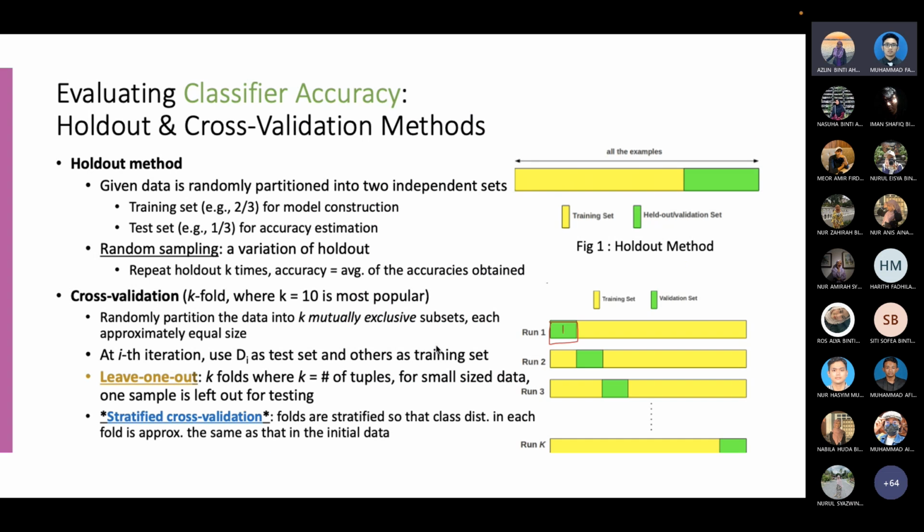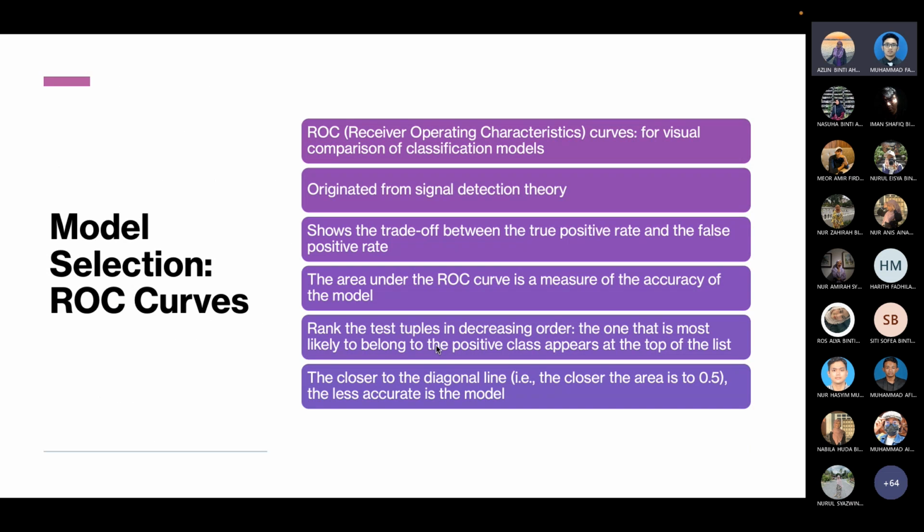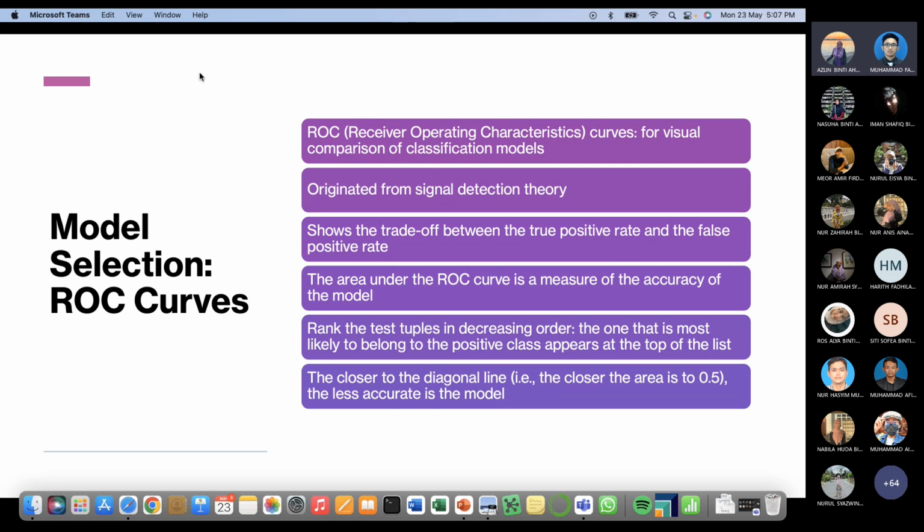The other topic is the ROC curve. ROC stands for Receiver Operating Characteristics. It is a visual representation where you can compare using a graph. This ROC curve originated from signal detection theory. It shows the trade-off between true positive and false positive rate.